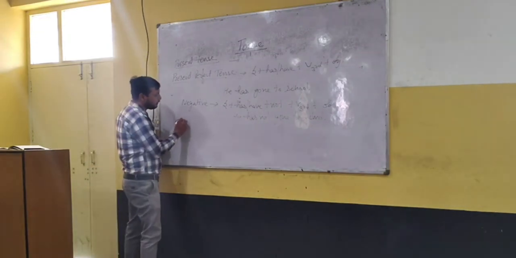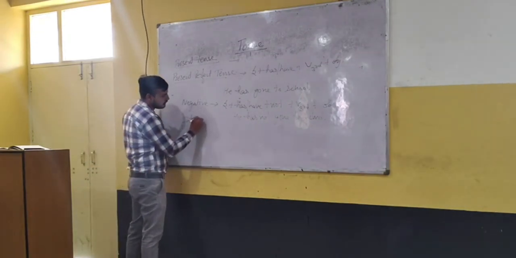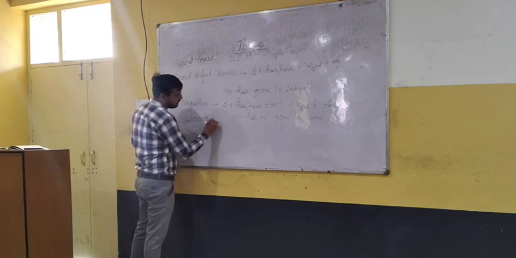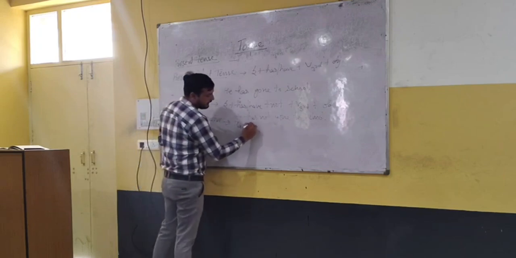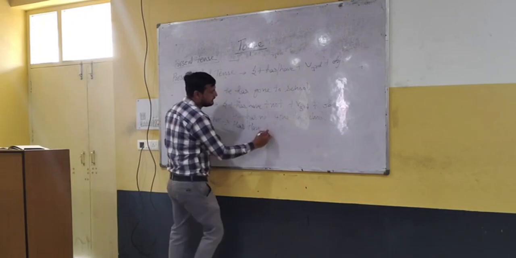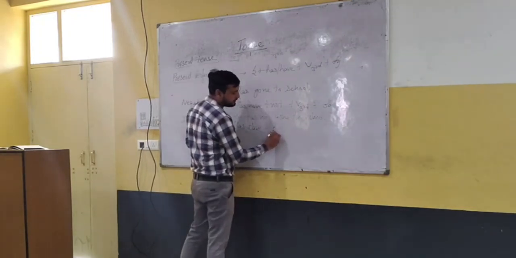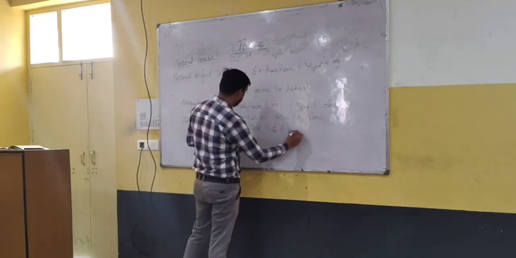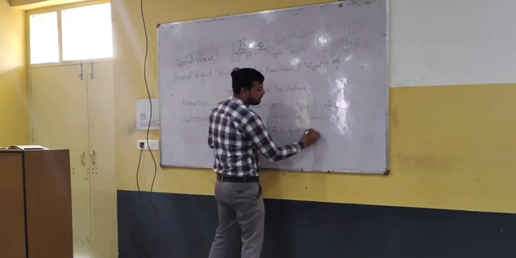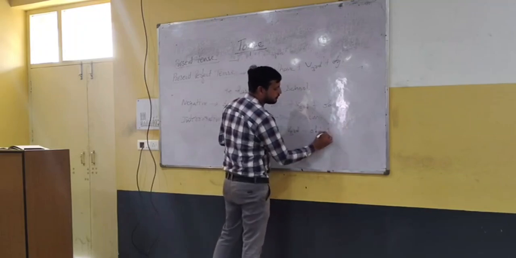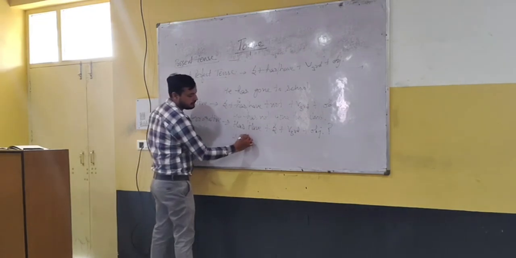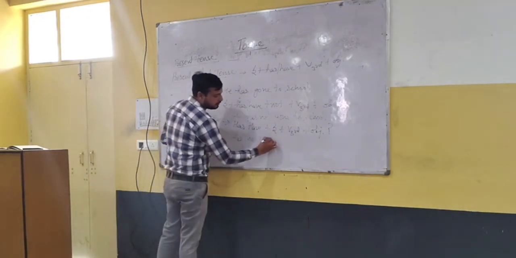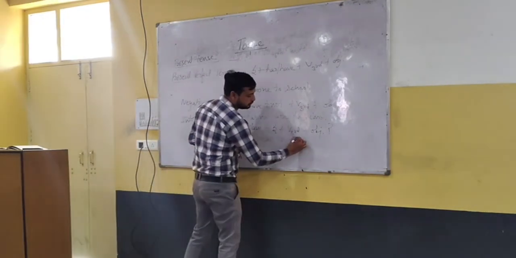Now come to the interrogative. Has, have plus subject plus verb की third form plus object and question mark. So, has he gone to school?